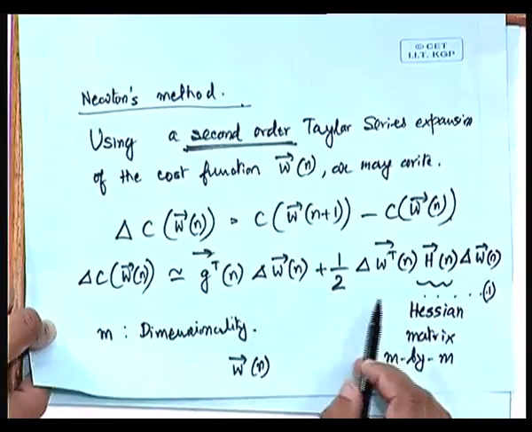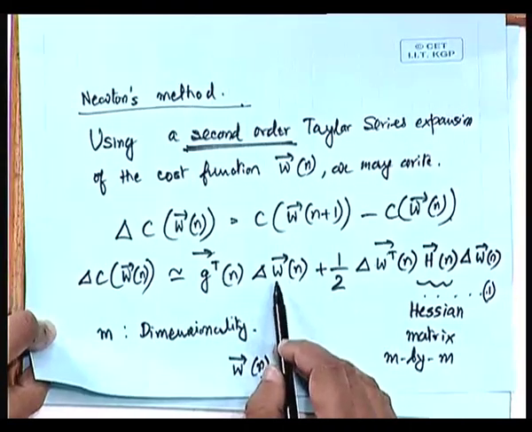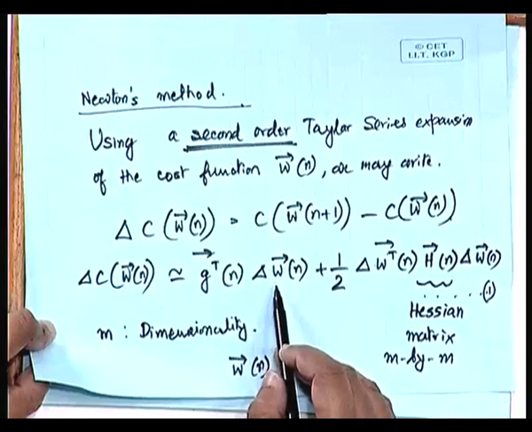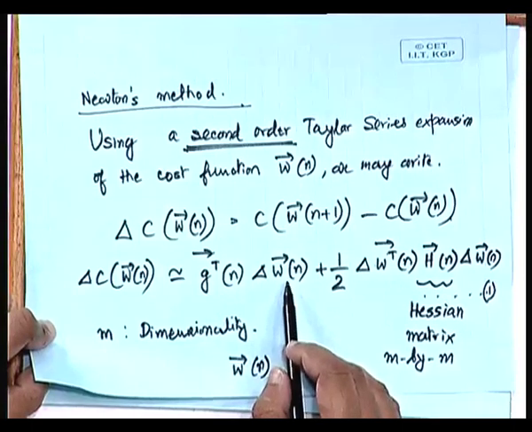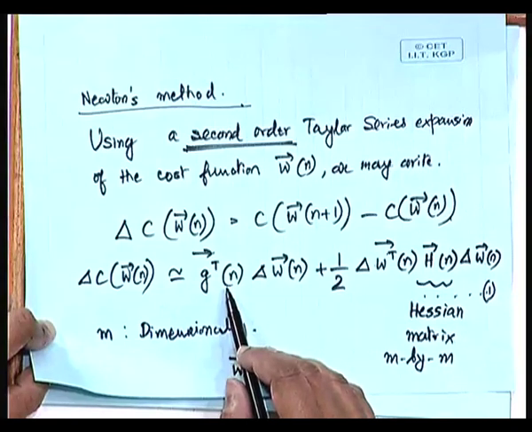If you differentiate with respect to delta W, then what can you expect? You get the G n terms as it is.